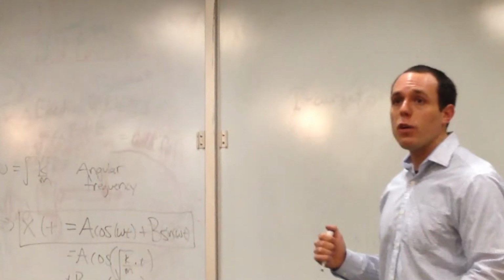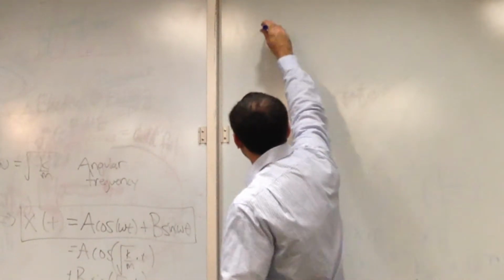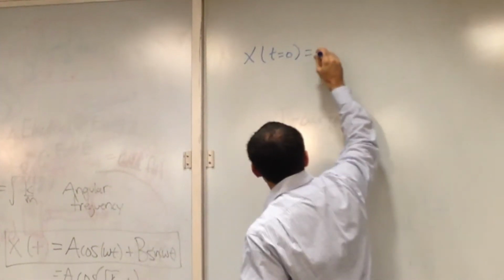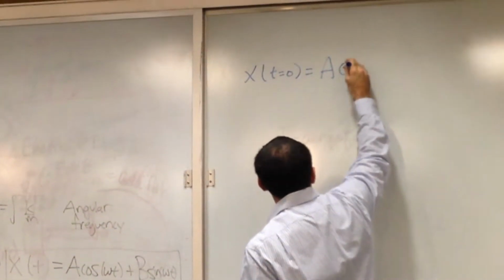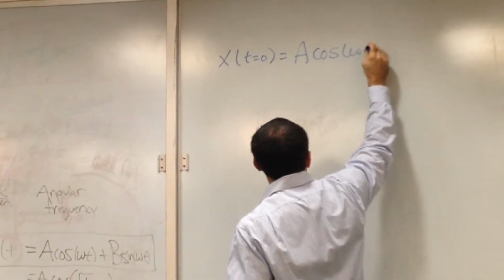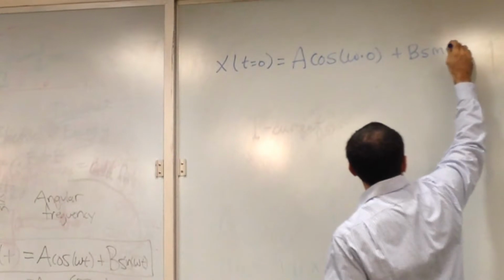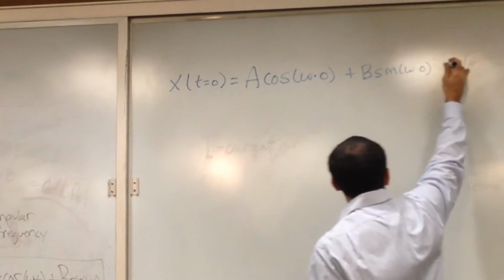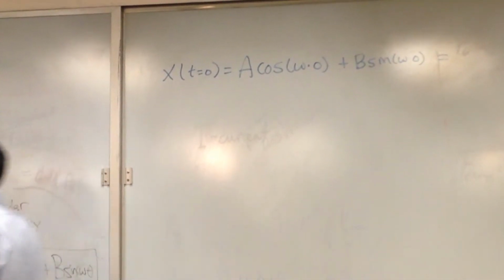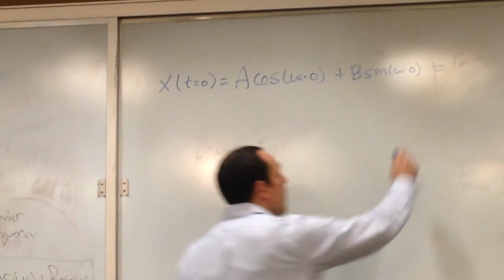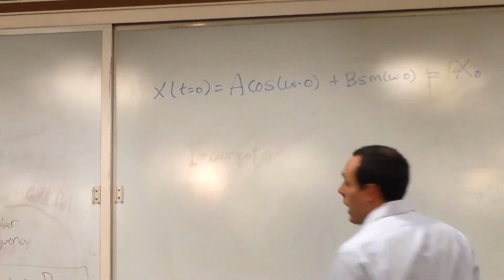So if I want to find the equation of motion forever, all I have to do is say x at time equals 0 is going to be equal to A cosine omega times 0 plus B sine omega times 0, and I have specified that it's at this specific position, the equilibrium length x of 0.